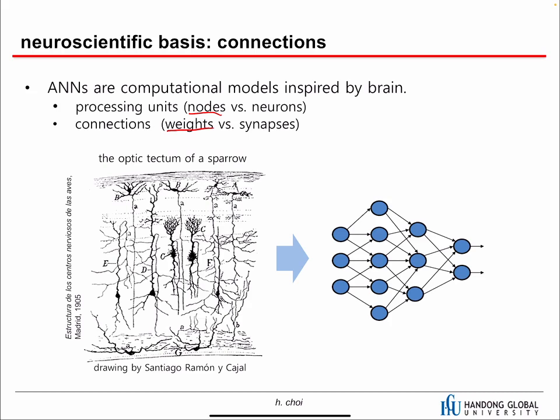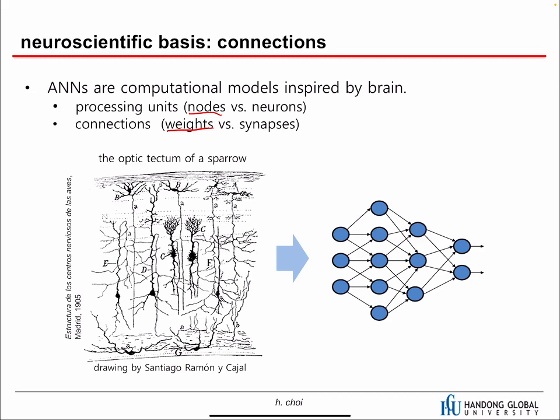We can also think of other components of artificial neural networks, like ReLU. The activation function ReLU is inspired by neuronal activation in our brain. In our brain, we have lots of neurons connected to other neurons. We get a lot of information from other neurons, and the information is represented by frequency. The amplitude is always the same, and the amount of information is represented by the frequency of the spikes.